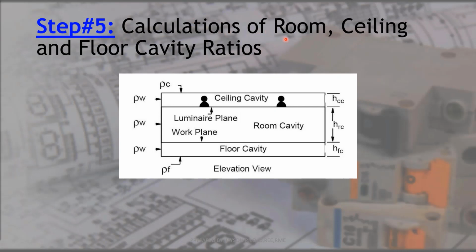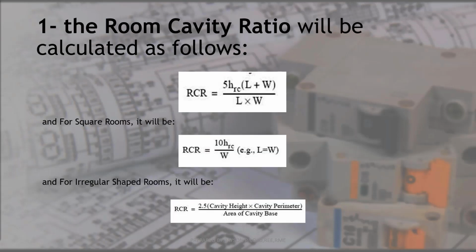We need to calculate the room, ceiling, and floor cavity ratios. So here we have HCC, HRC, and HFC. This is the height. Though this is very easy because we have formulas. So number 1 is the room cavity ratio will be calculated as follows.